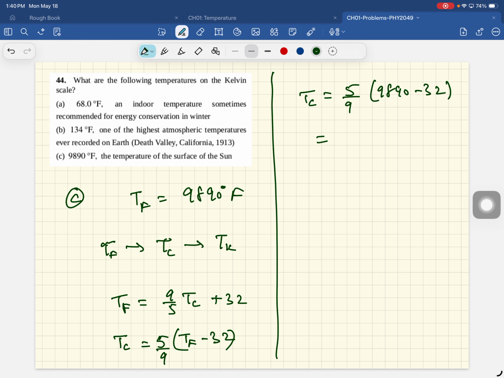Alpha times L times delta T. So, the volume expansion coefficient for water.